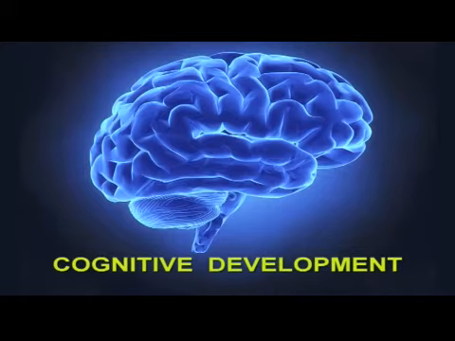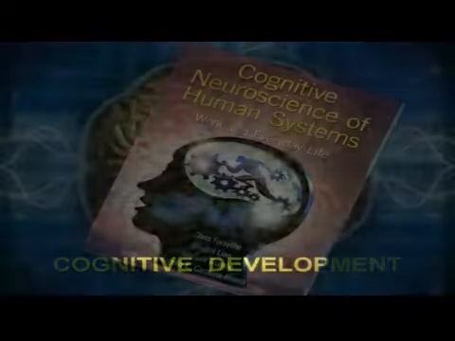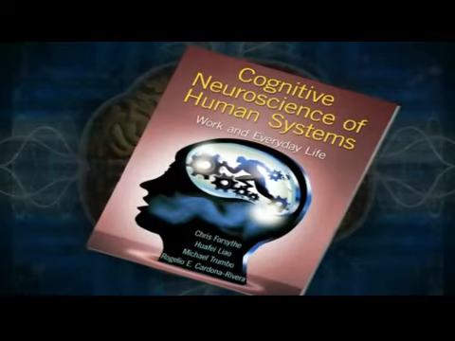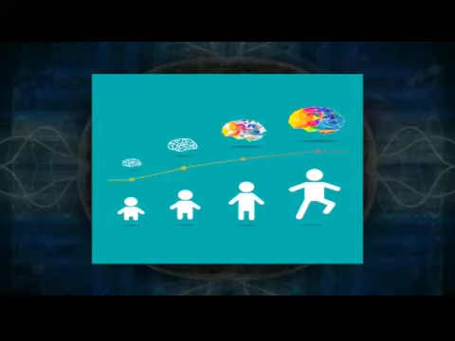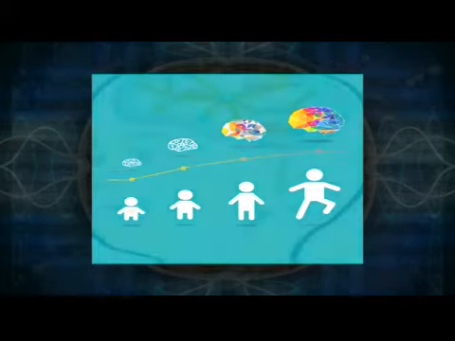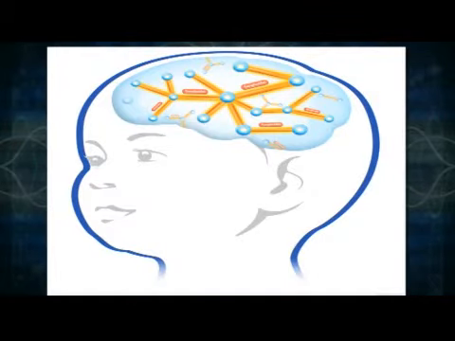Cognitive development. Cognitive development is a field of study in neuroscience and psychology. It focuses on a child's development in terms of information processing, conceptual resources, perceptual skill, language learning, and other aspects of brain development.